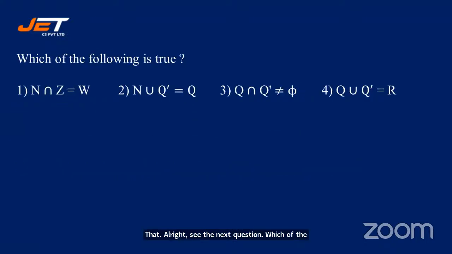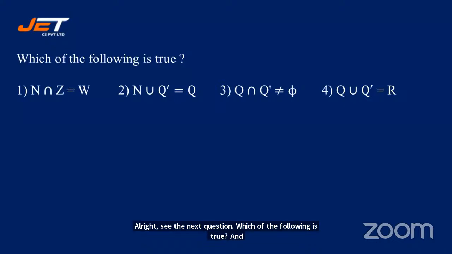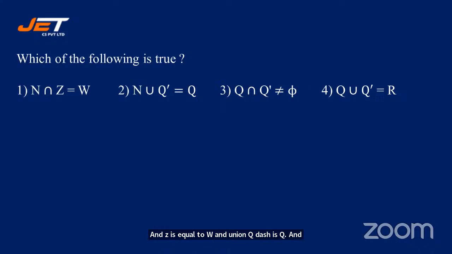Can you see? Yes. Option 1: N intersection Z is equal to W. N union Q dash is Q. N intersection Q dash is not equal to a null set.